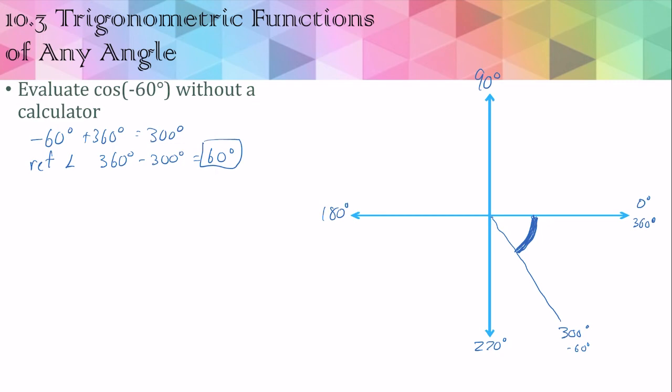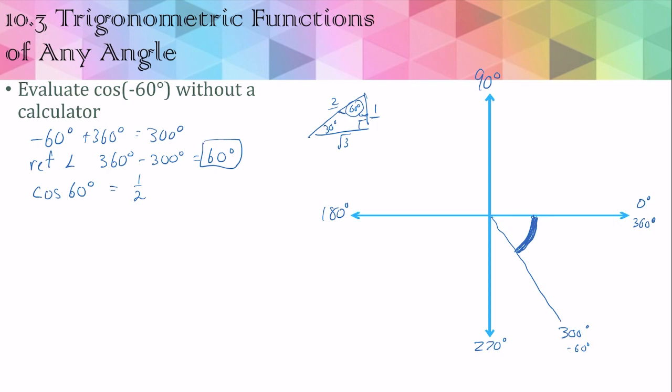Now what we're going to do is find cosine of 60 degrees. Well, we could use a special right triangle of 30, 60, 90. The sides go 1, 2, square root of 3. There's the 60. Cosine is adjacent over hypotenuse, so that's 1 over 2.